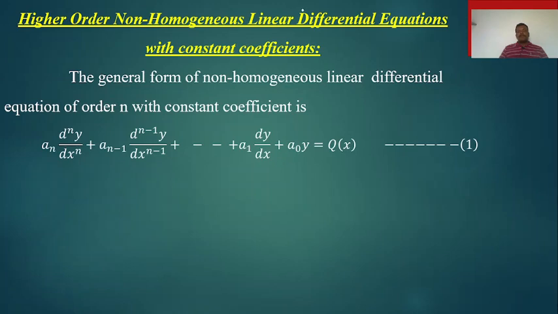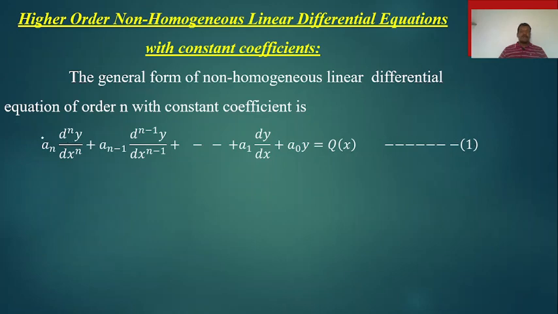The general form of a non-homogeneous linear differential equation of order n with constant coefficients is a_n d^n y/dx^n + a_(n-1) d^(n-1) y/dx^(n-1) + ... + a_1 dy/dx + a_0 y = Q(x).